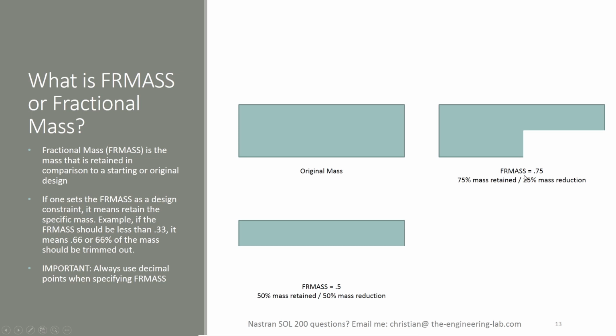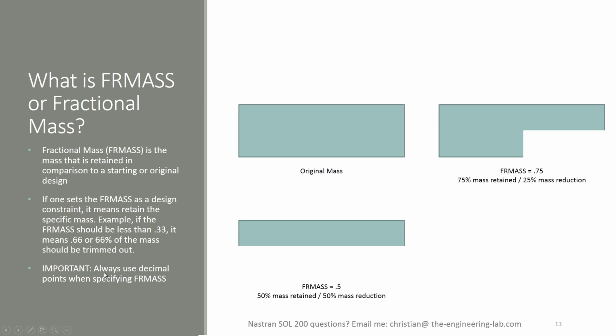Now, if the fractional mass is 0.75, that means up to 75% of the mass has been retained. Now, if the fractional mass is 0.5, that means that half of the mass has been retained.